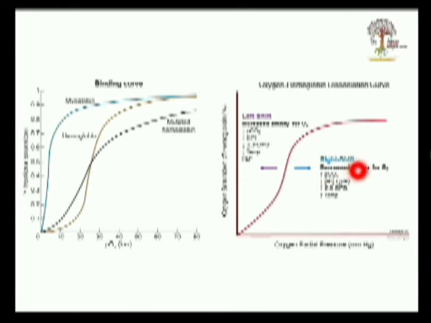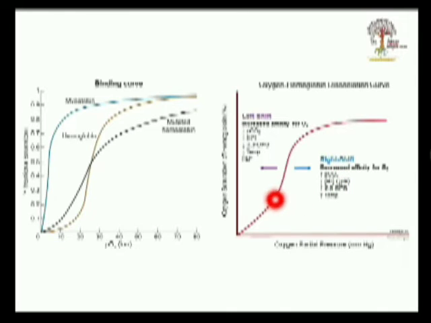When the partial pressure of carbon dioxide, hydrogen ion concentration, 2,3 BPG and also temperature are high, then this graph will shift to the right side, and the affinity of oxygen for the hemoglobin will be decreased.